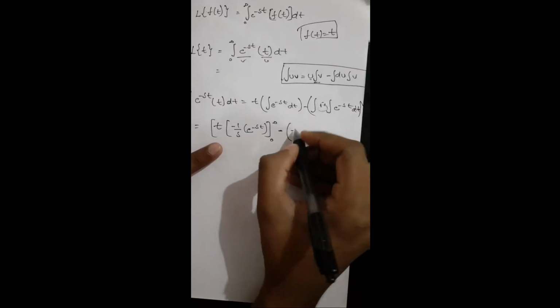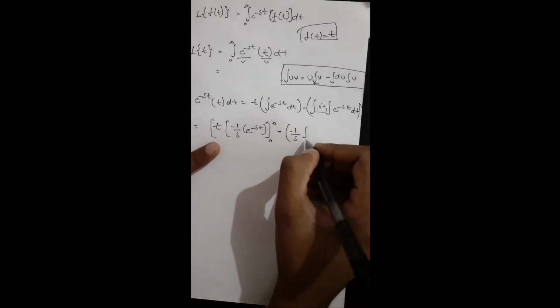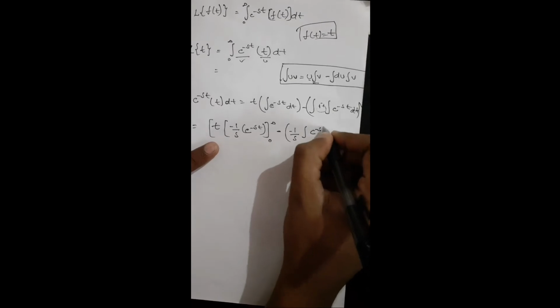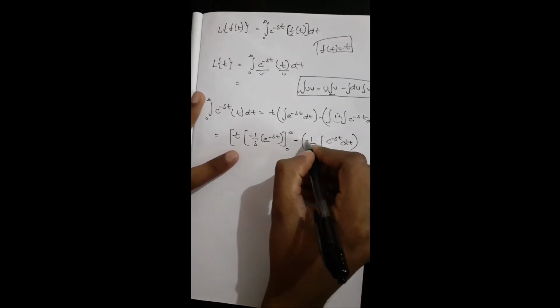I'm taking out 1 by s outside of the integral as it is a constant. Integral e to the power minus st dt. So minus into minus is plus.